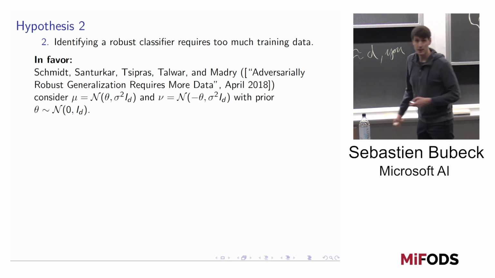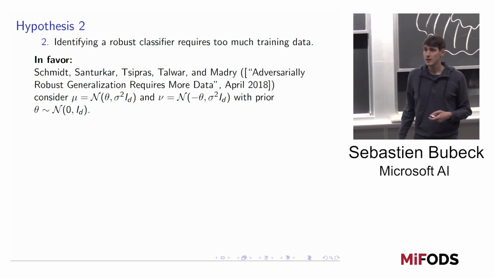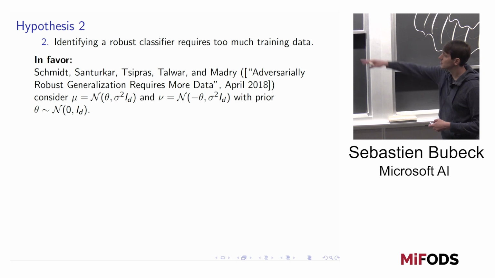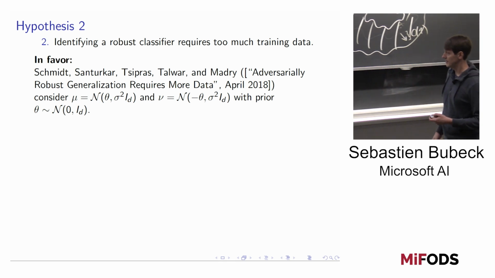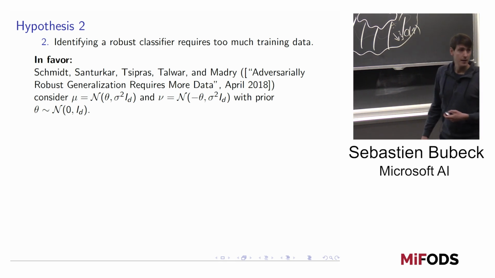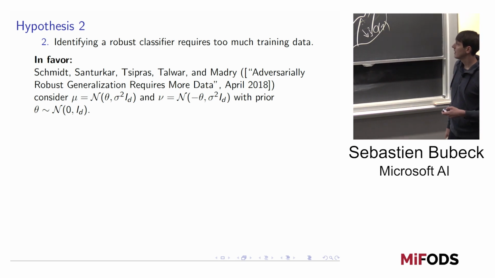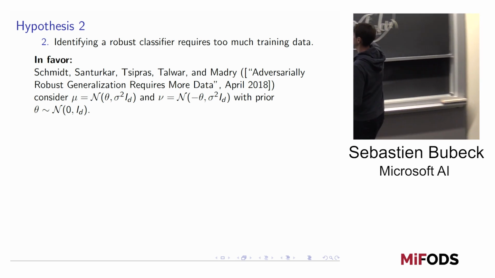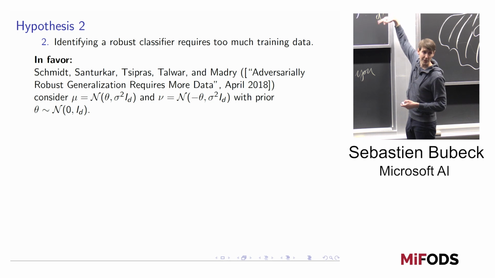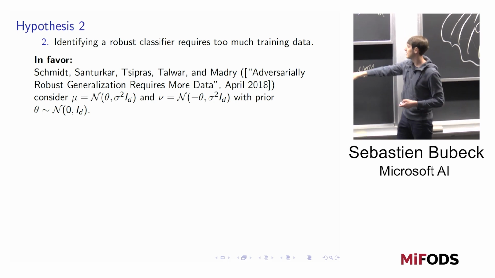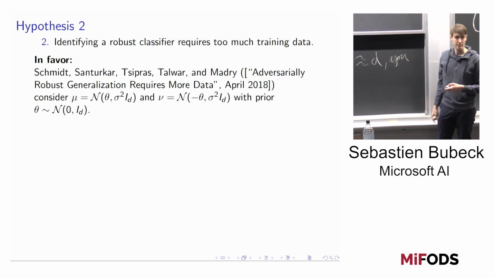Question? Yes, for Gaussians this first inequality is tight. So I have mu and nu, my two distributions, and let's say I take sigma squared to be like d.